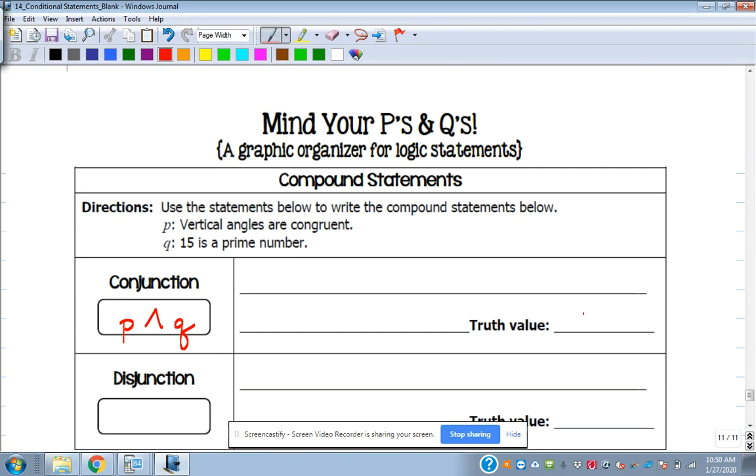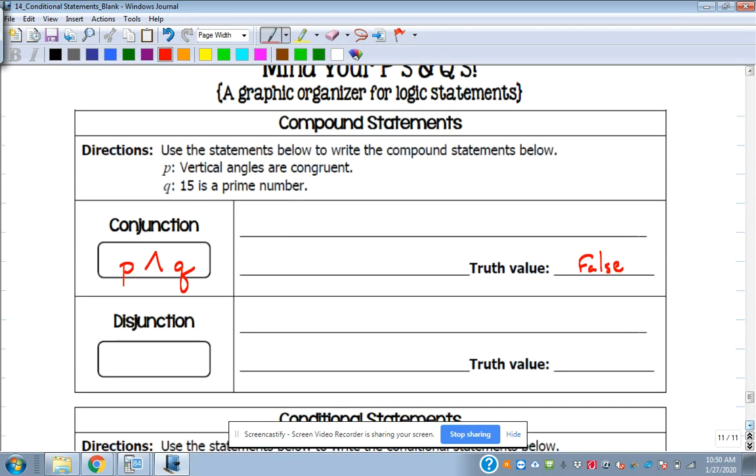True. 15 is not a prime number. When you're dealing with and problems, how many of them have to be true for the statement to be true? Both of them do. So this one is false because 15 is not a prime number. So that is definitely not both of them being true. What's a disjunction?